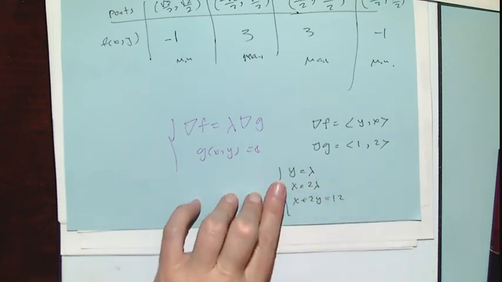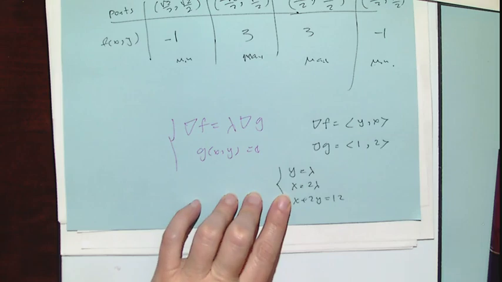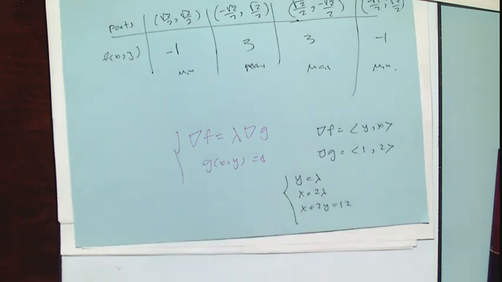So find x, find y, find the maximum. Eliminate lambda. How can you eliminate lambda? Giving you a minute to do it.